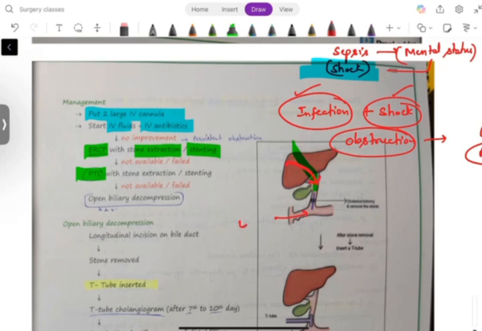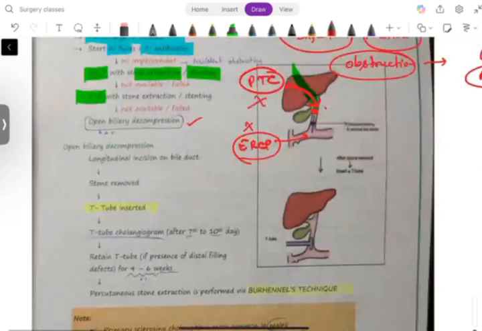If we try ERCP, we are trying for distal bile duct removal. If we are doing PTC, we are trying proximal bile stone removal. So if this fails, we'll try this way, thinking that the gallstone can be in the proximal bile duct.